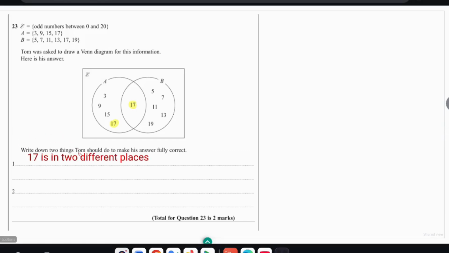That's one mistake. His other mistake, has he got all the numbers between 0 and 20? So where's number 1? 1 should be around the outside. There possibly are other numbers. So there should be numbers around the outside, e.g. the number 1.